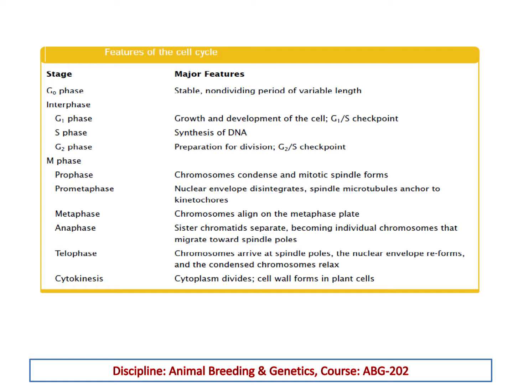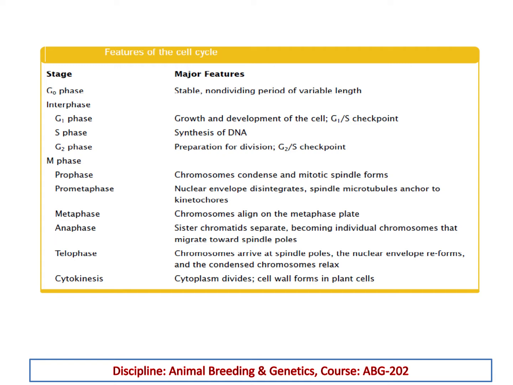The chromosomes will be open, and spindle microtubules anchor to the kinetochores, and the metaphase chromosomes align on the metaphase plate, and then in the anaphase sister chromatids separate, becoming individual chromosomes that migrate towards the spindle poles.